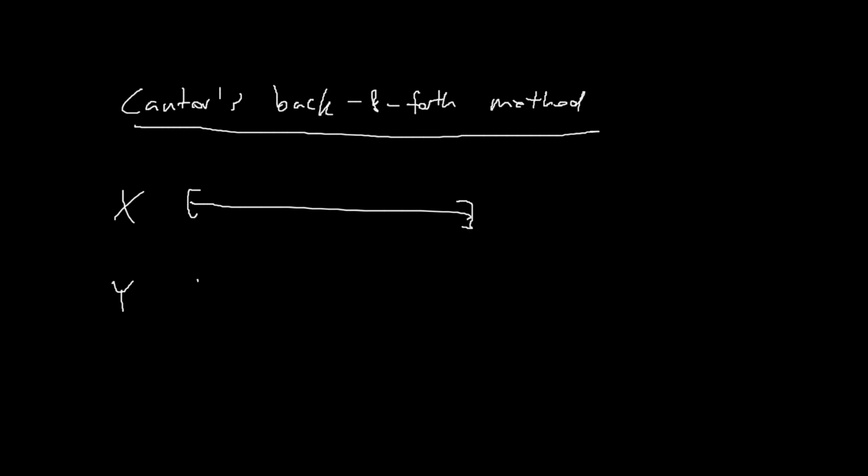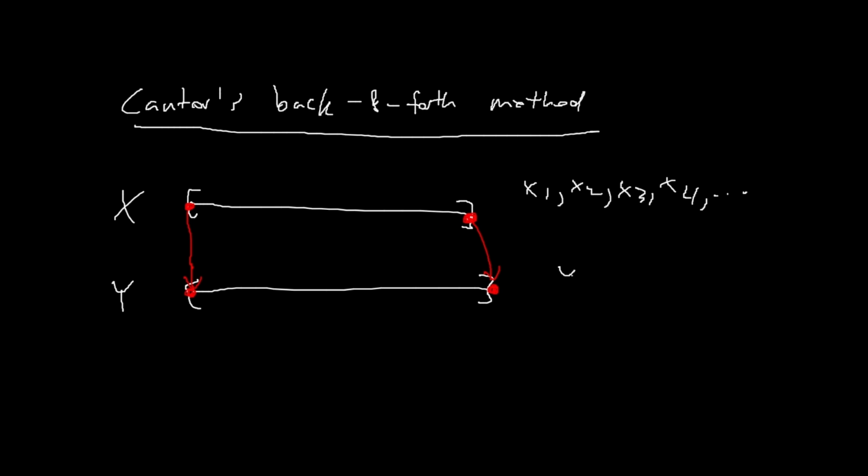And then given a set Y, which again can be visualized the same way, you would first send the minimum element of X to the minimum element of Y. You'd send the maximum element of X to the maximum element of Y. And then for the rest of the elements, since X and Y are countable, there's a list X1, X2, X3, X4, and so on, and a list Y1, Y2, Y3, Y4, and so on.